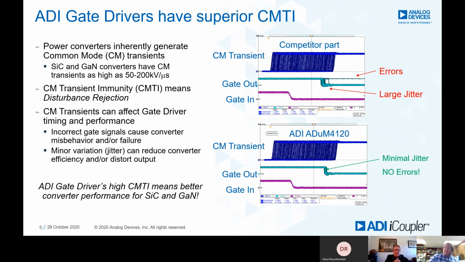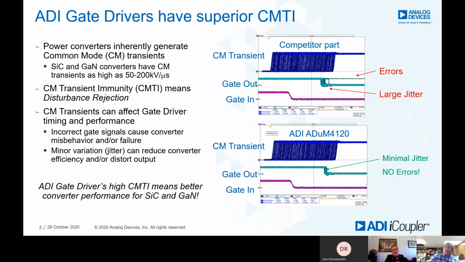Okay. That's a nice summary of common mode transient immunity. Can you go through how that translates into the performance of the switching device itself? Yep.